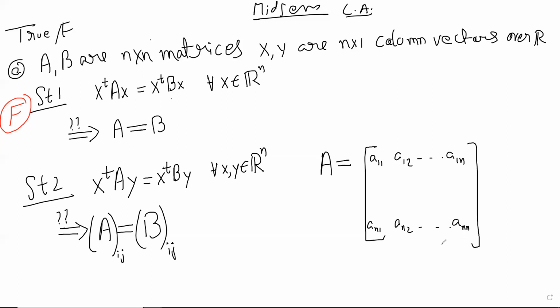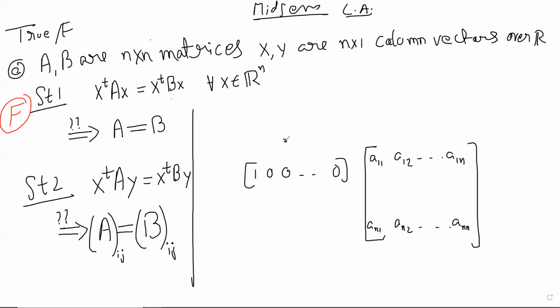I wanted to get the ijth term using X and Y. So let's say I want to get A11. Choose X transpose to be 1000, that row vector, E1.